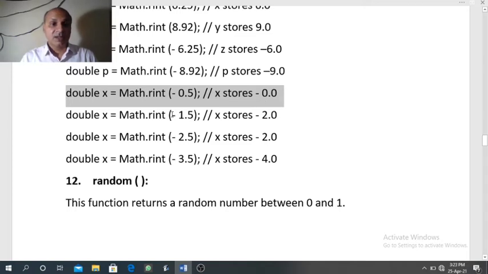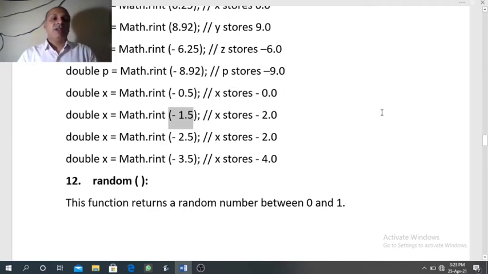Second example, when we find rint value of minus 1.5. Here also we will imagine minus 1.5 on the number line. It lies between minus 1 and minus 2. Exactly in between these two numbers. So like I have told, when the number belongs exactly between two integers, then rint function gives nearest even integer.